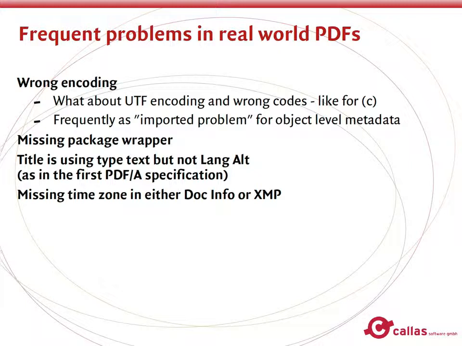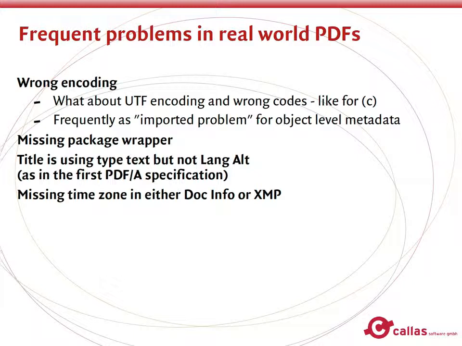For instance, for the copyright sign, if the character code for that sign is not within the range of valid UTF codes, then it's a problem. It's just wrong encoding, and it's not a valid PDF/A file, for instance. And that is a frequent problem, not just for document level XMP, but even more frequent on the object level.